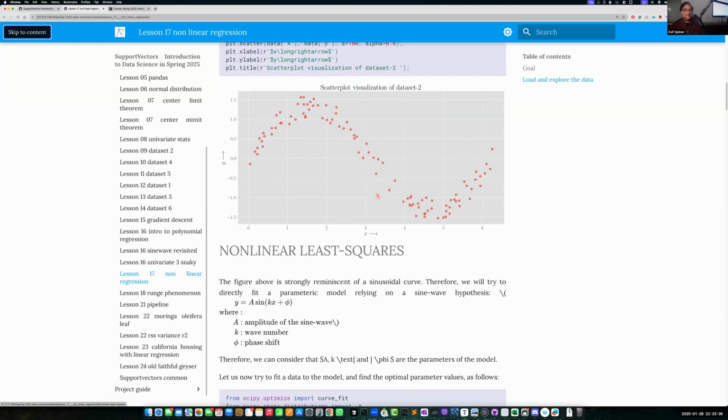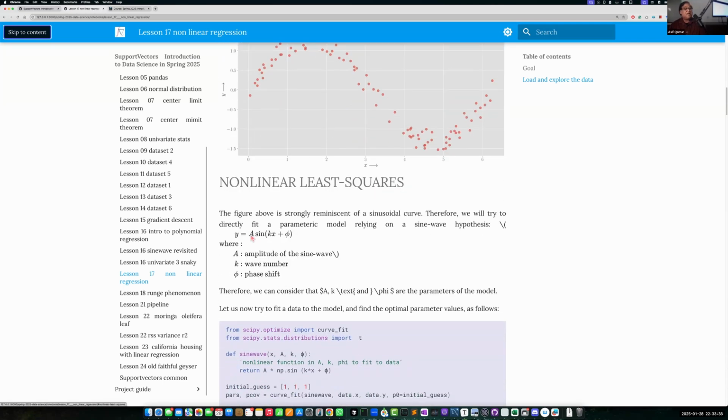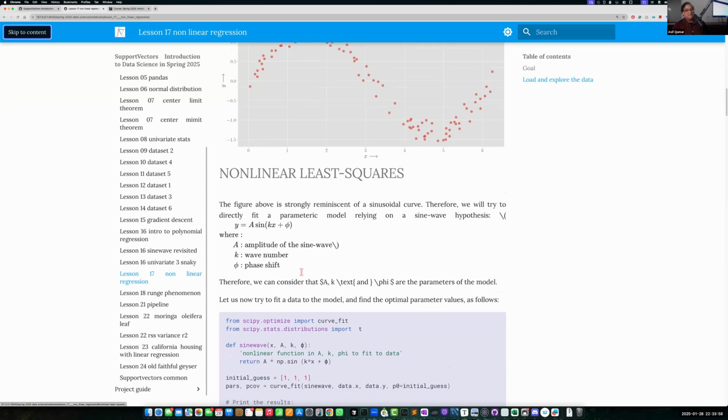So if you make it a sine wave, what are the three things you need to know? The amplitude, the wavelength, and how phase shifted it is from the origin, isn't it? Right. So amplitude, wave number is wavelength, and phi is the phase shift. Right. So then the question is, let's build a regression model in which we just try to find the best values that fit the data.